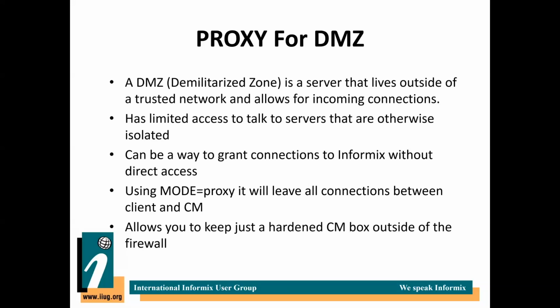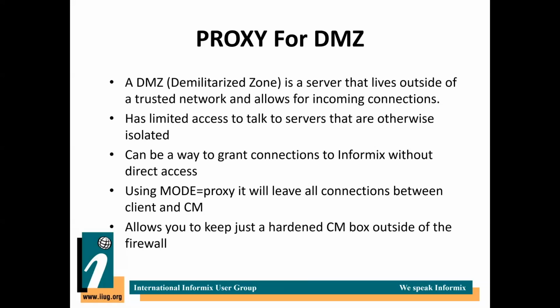So where proxy comes into play here is you can set up a connection manager server in a DMZ and use proxy to pass it back to the actual Informix server. So at no point do you need to expose direct network connections to that Informix server from your public network. Your public network can also be an isolated part of your internal network.